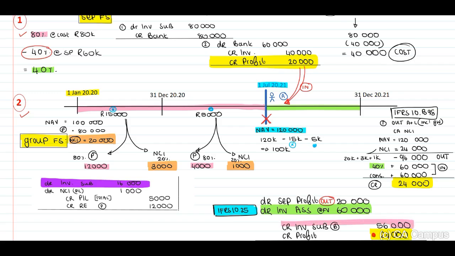Therefore, we will credit our investment in subsidiary. What is important here is, if you look at this, again, at the top, the associate is included at cost. At the bottom, the associate is included at fair value, right?